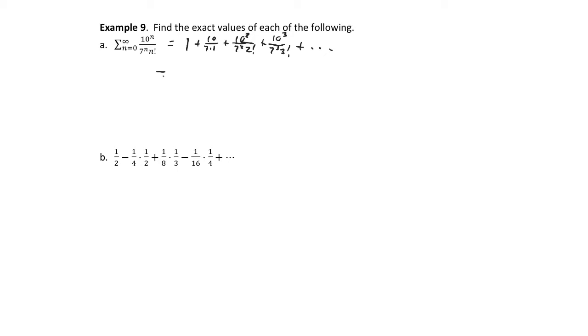We have, well, it looks like the 10s and the 7s are both being raised to a power, so maybe this would be better to write as 1 plus 10 sevenths. And then let's write this as 10 sevenths squared over 2 factorial, and then 10 sevenths cubed over 3 factorial.